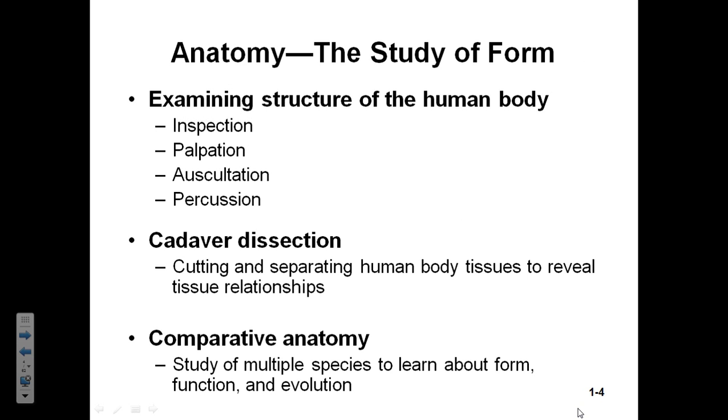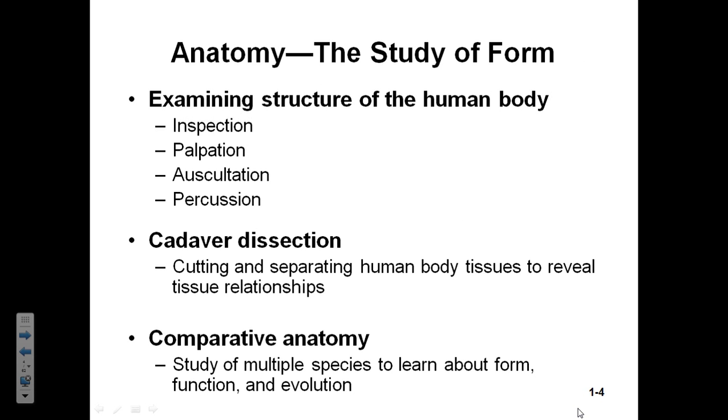You're looking for what? Abnormalities or symmetry. Okay? You want to look at how your patient walks. You know, do they walk with a limp? Do they have a gait anomaly? Do they get up walking with a limp, or it seems like they're in pain. All right.